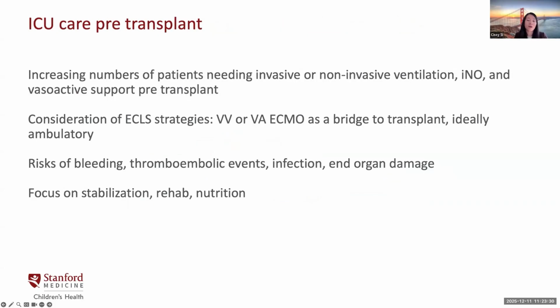I've talked a little bit already about how our pediatric patients are sicker than our adult patients. There is an increasing number of patients needing invasive or non-invasive ventilation, significant nitric support pre-transplant and vasoactive support pre-transplant. So ultimately needing ICU care going into transplant. We do need strong collaborations with our ICU team, and everyone should be in agreement to pursue lung transplant.